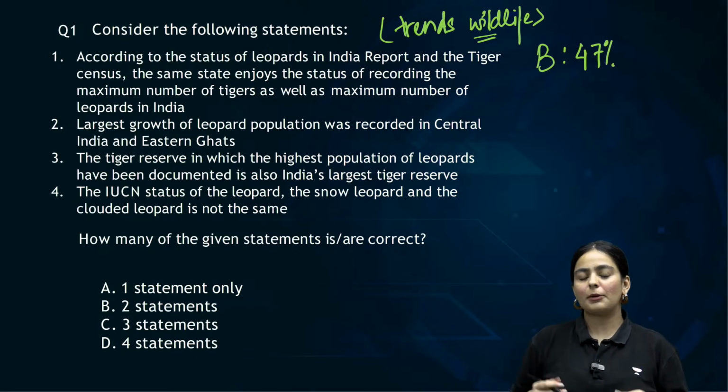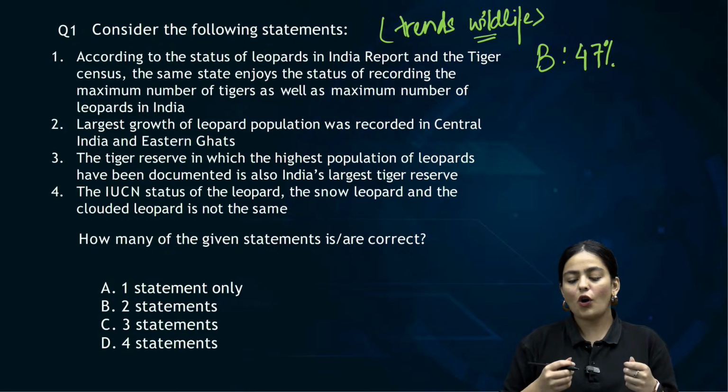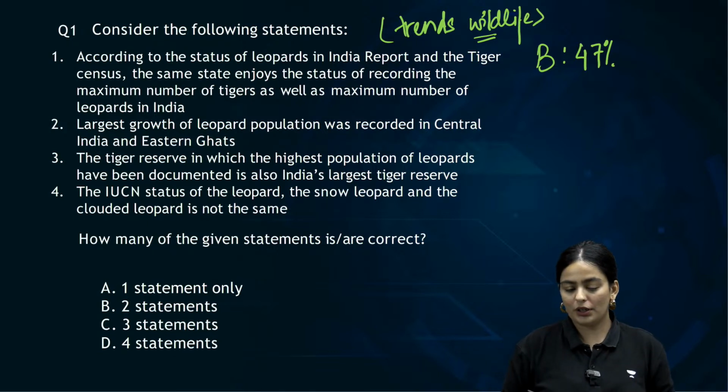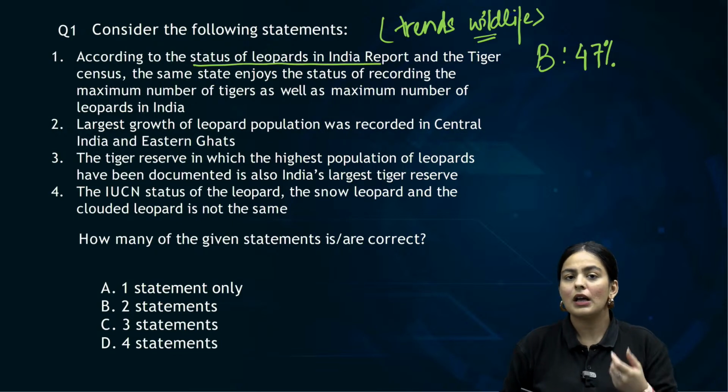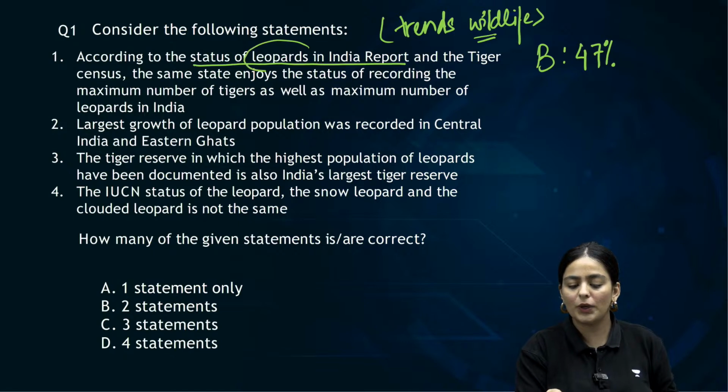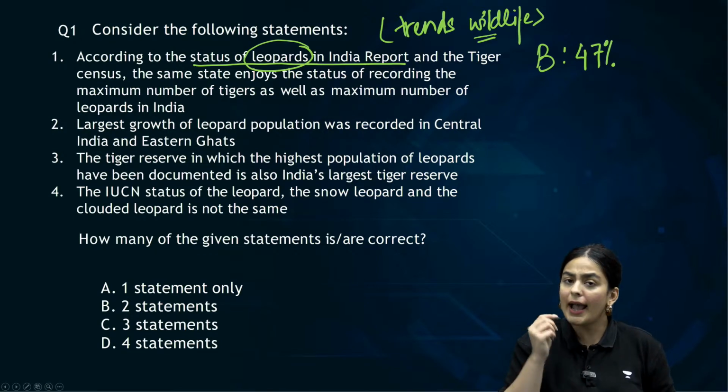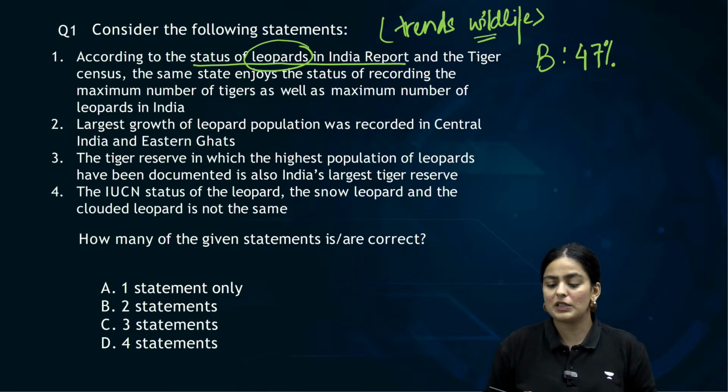Consider the following statements. According to the Status of Leopards in India report, it's important because it gives you a very important trend about an important species which is mostly in the news and also very important from UPSC's perspective.